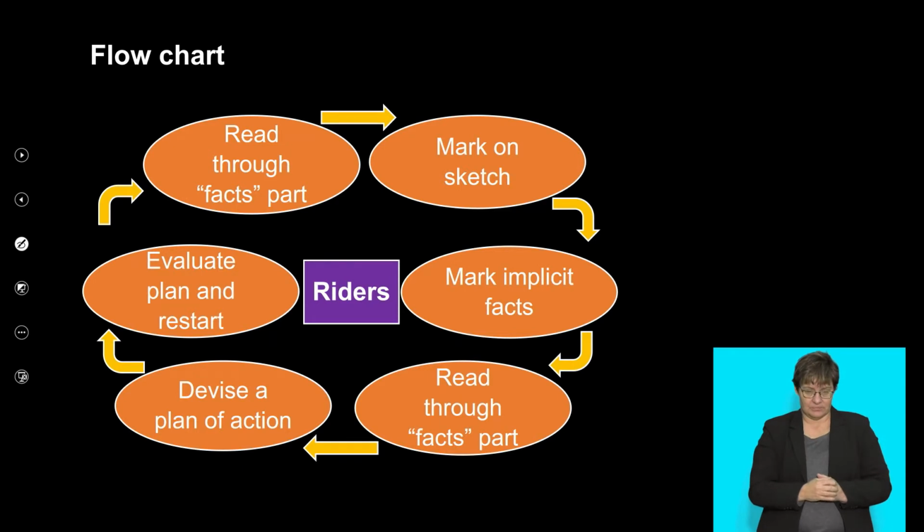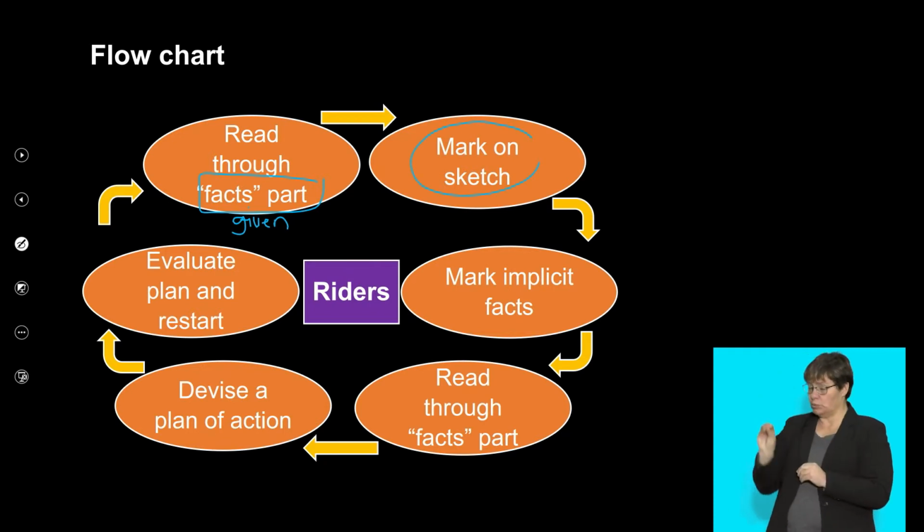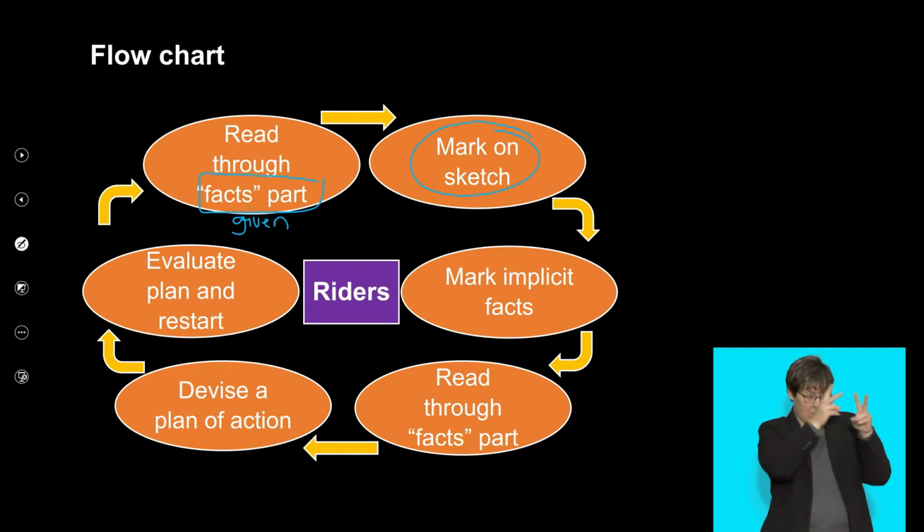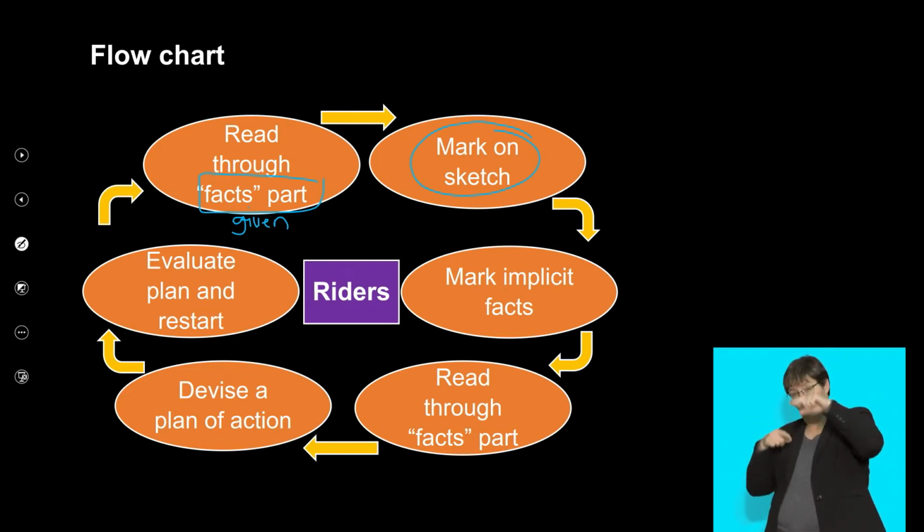Now we have a flow chart of how to go about solving these riders. Firstly, you read through the facts part. The facts part is what you are given. You mark all of this given information on the sketch. What does that mean? It means you indicate them. If I say parallel, you know there are arrows that you draw to say these lines are parallel.